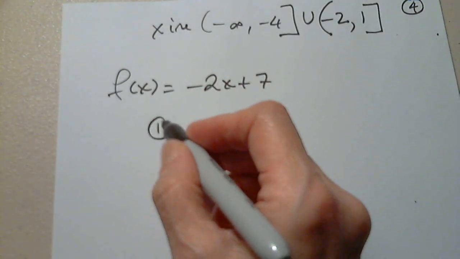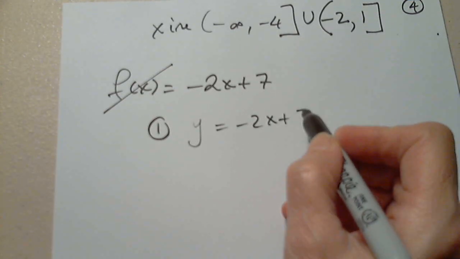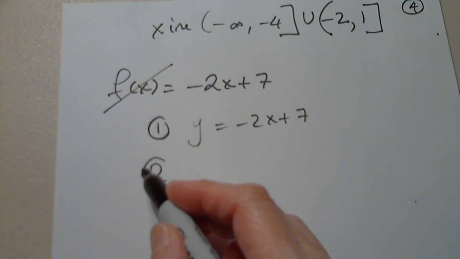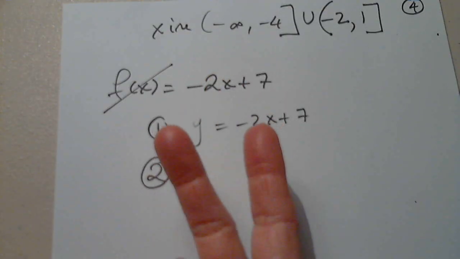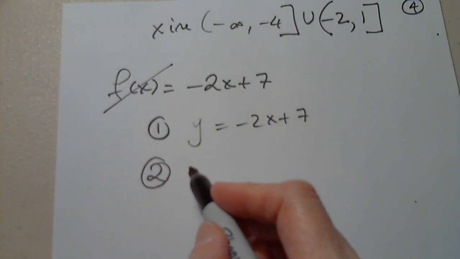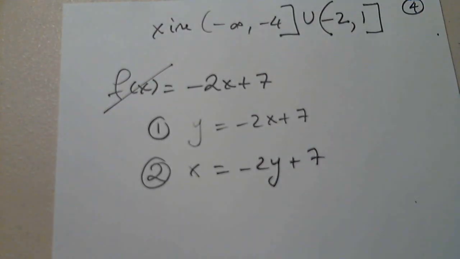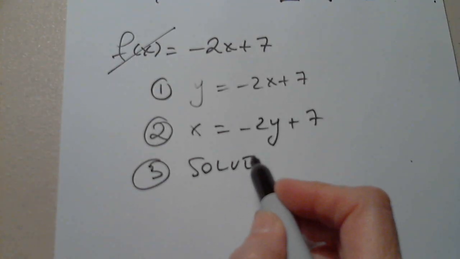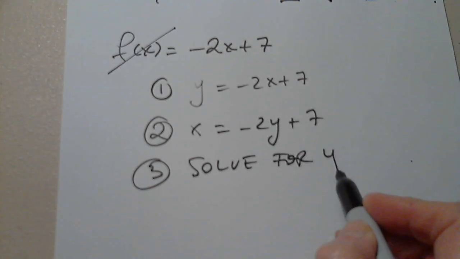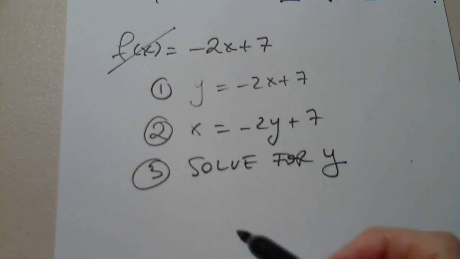In step number 1, we replace this by y. In step number 2, we swap the two variables. Where I see y, I put x. Where I see x, I put y. In step 3, I have to solve for y. So I'll move 7 to the other side.